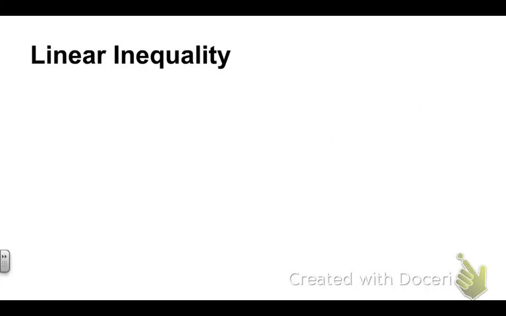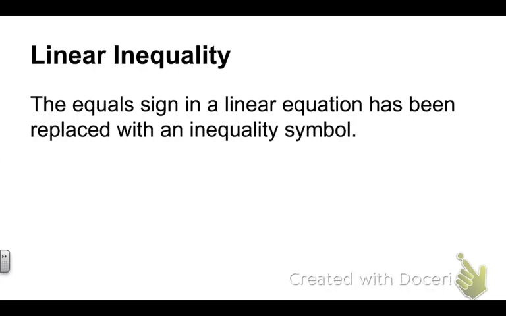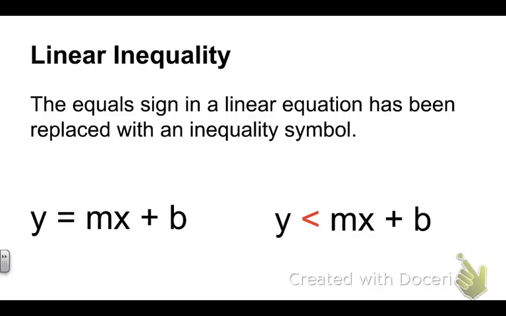Now, a linear inequality, the equal sign in a linear equation has been replaced with an inequality symbol. So instead of seeing y equals mx plus b, you might see y is less than mx plus b. It can be any of those four. I just chose the less than symbol.